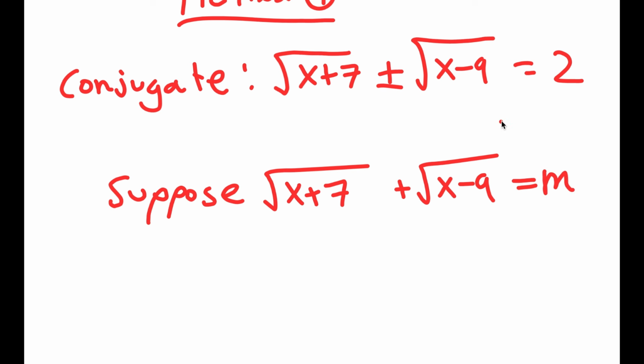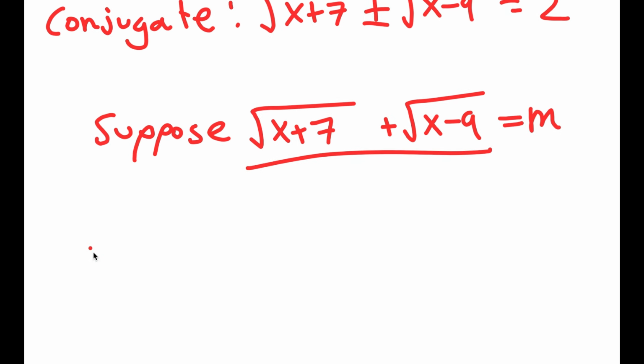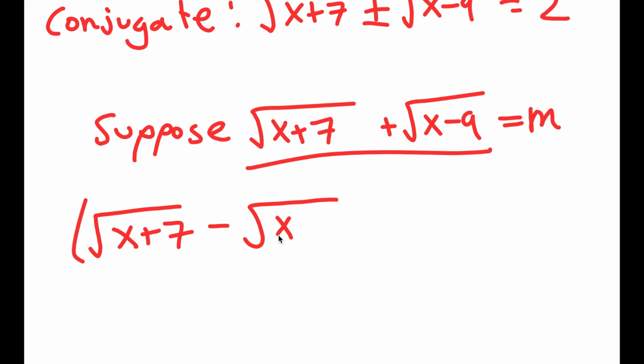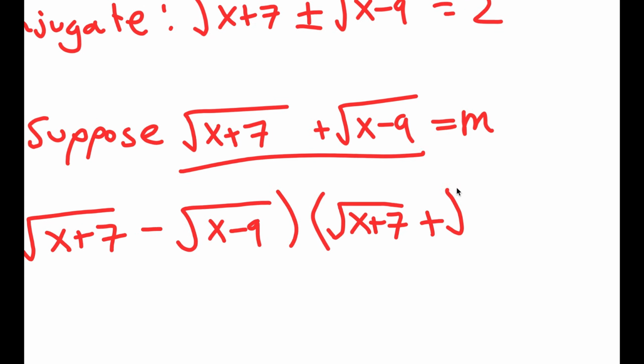What I'm going to do is multiply the two conjugates. So I have the square root of x plus 7 minus the square root of x minus 9 times the square root of x plus 7 plus the square root of x minus 9.